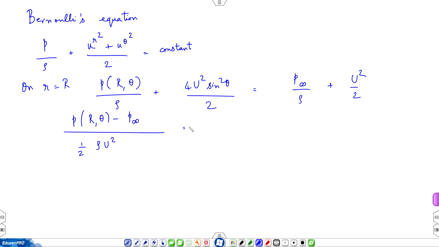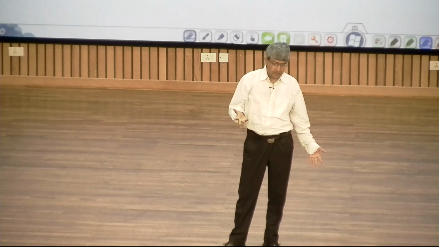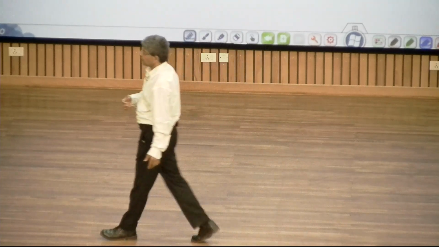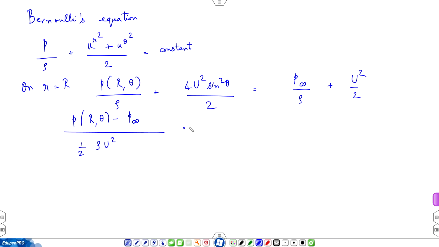Rho was already there and half u square was on the right hand side, I am pulling it to the left. So, now the left hand side is a dimensionless pressure distribution. Why distribution? Because it is a function of theta. It is equal to 1 minus 4 sin square theta.